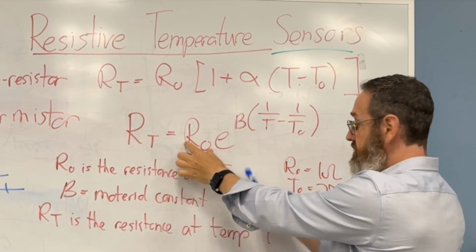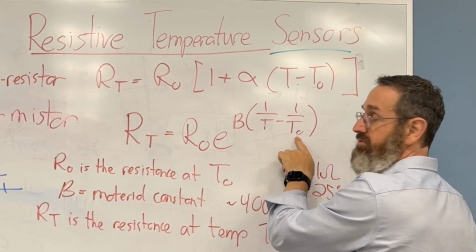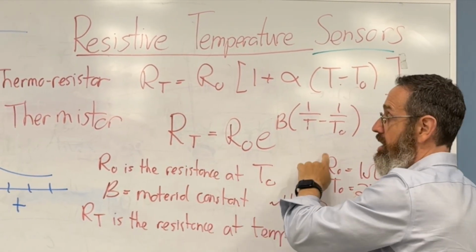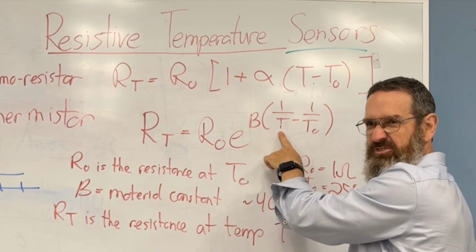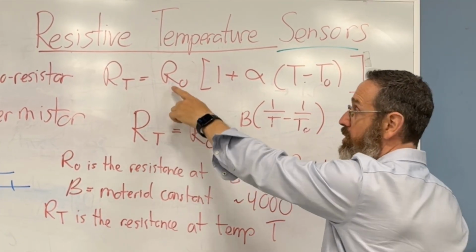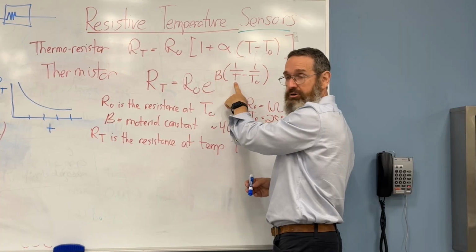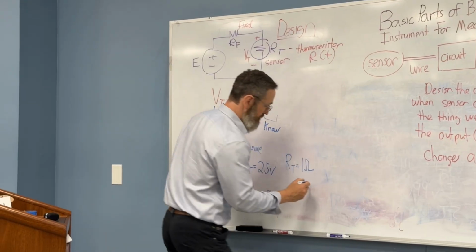Beta is 4,000 from here, right? And T_0 is 25 degrees. So we have an equation, and there's only one unknown. So we can figure it out. It's a little bit more work than before, but it's not a problem, right? You can calculate it out, and you could figure out what T is.